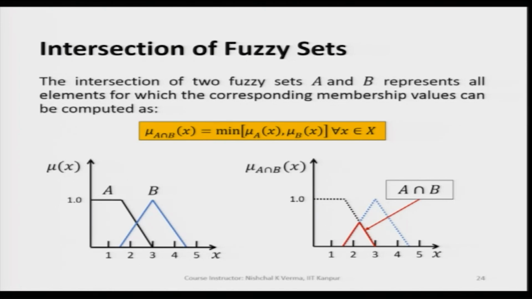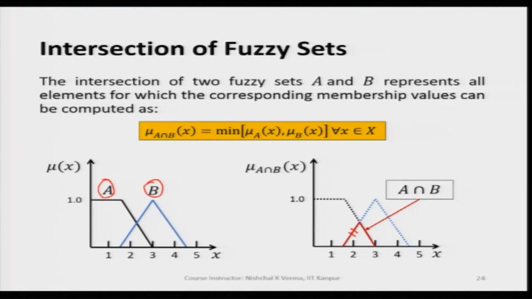Let us take an example here to better understand the intersection of two fuzzy sets. Let this be a fuzzy set A and this be another fuzzy set B. When we apply this condition and take the min of the corresponding membership values, we will get this red portion as A intersection B, and this will also be a fuzzy set.